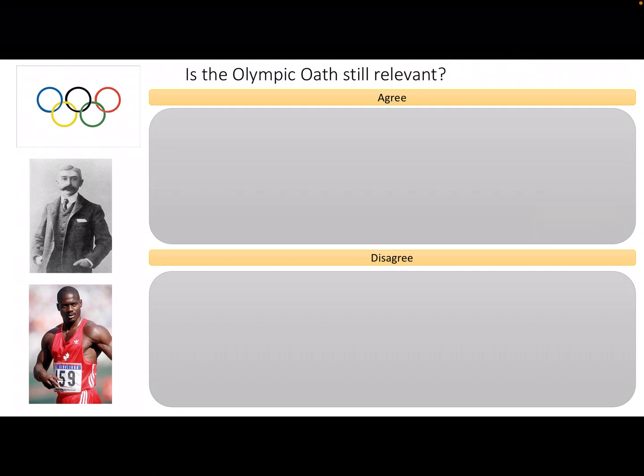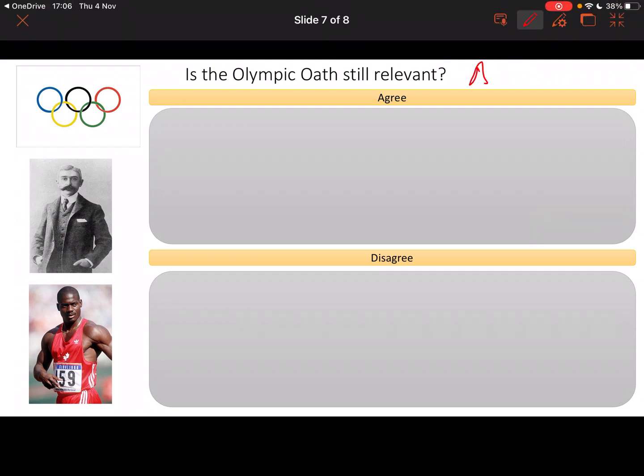And you can see here that it has been designed to very much cater for the AO3 evidence in an extended response. Is the Olympic oath still relevant? There will be statements where you agree that it is still relevant, which is part of the discussion, but then there's also disagree, where you think it is no longer relevant, okay?